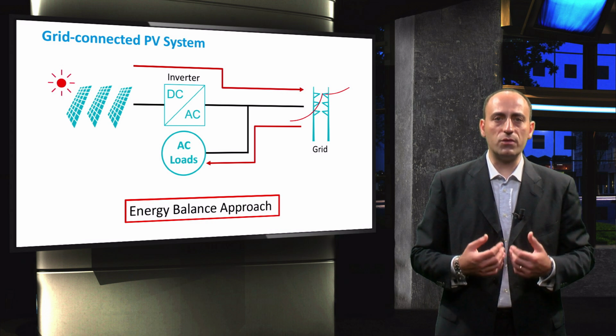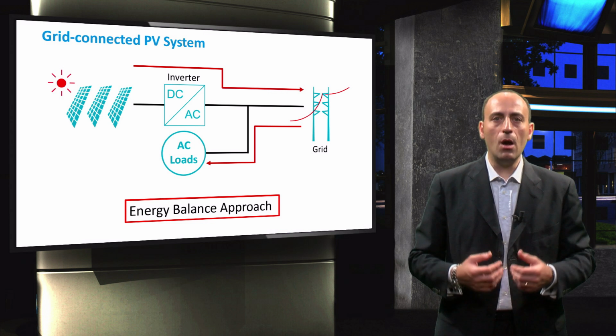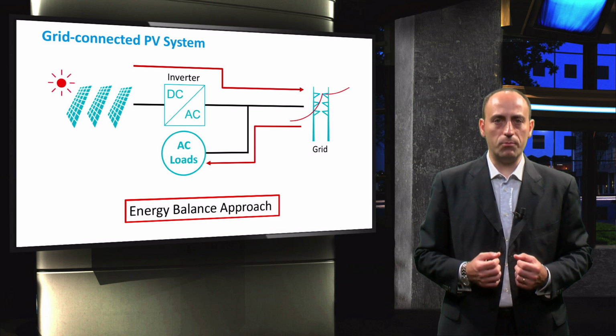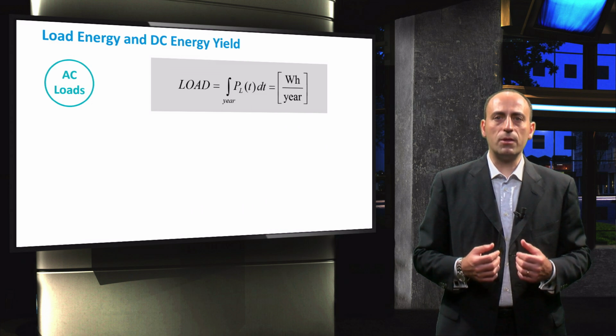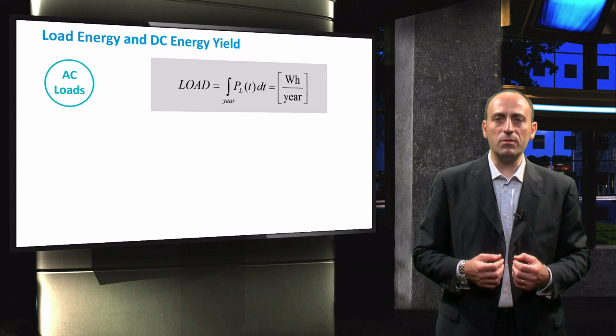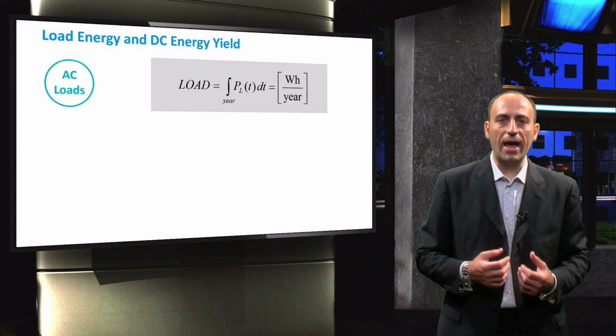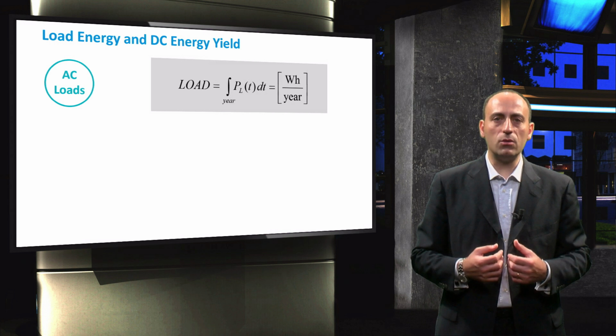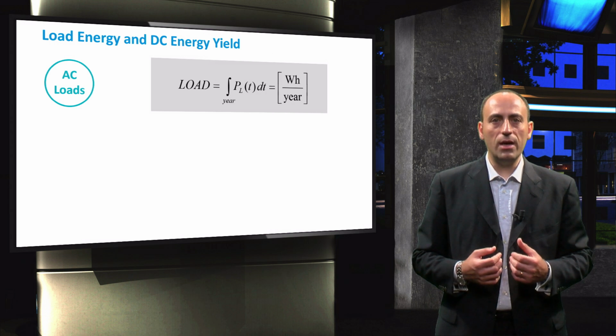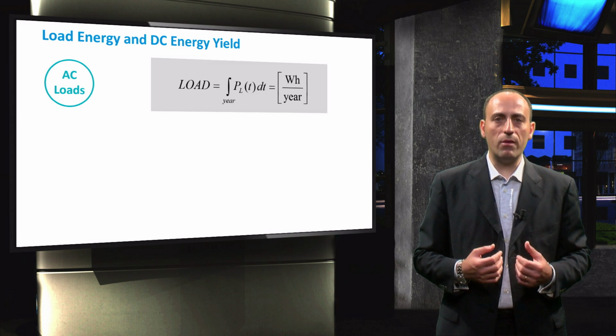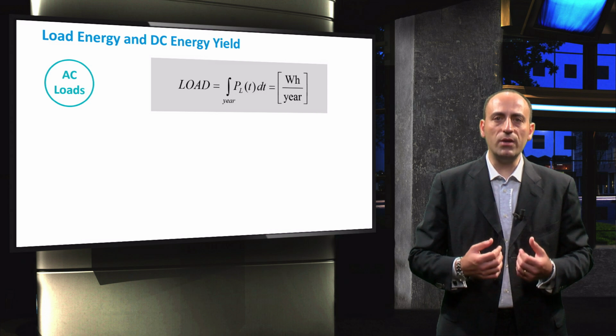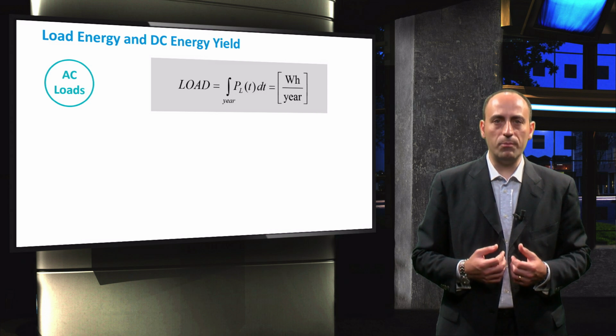For the design of such a grid-connected PV system, we follow an energy balance approach. The goal of this approach is to design a PV system such that the energy consumption and generation are balanced over an entire year. The energy consumption by the loads, as you may recall, is obtained by integrating the instantaneous load power PL.